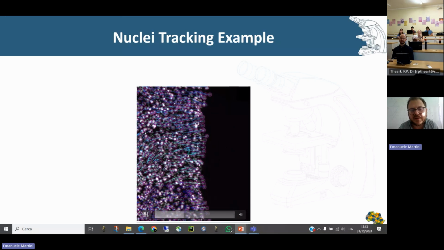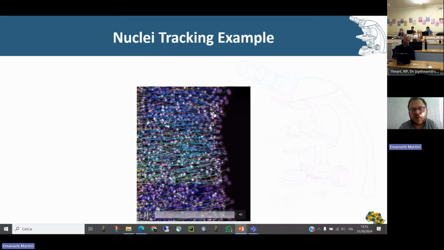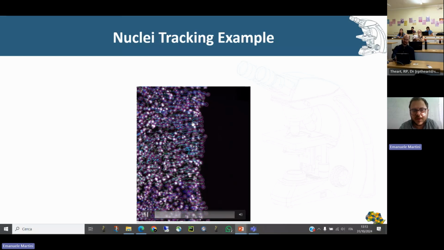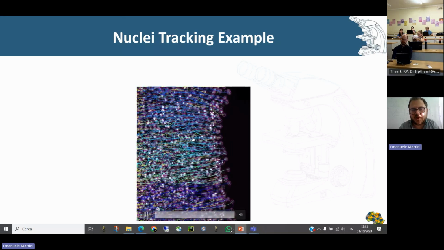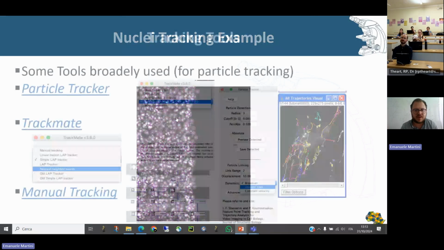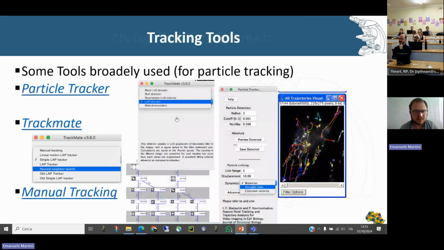It's just identifying the area where the object is, and then you can see the lines following. That is the linking step we saw, to identify and follow the particles and draw the trajectories. From there, you can extract different parameters like the velocity and the directionality, whether they move randomly or not, and then you can draw your conclusions for your biological project.